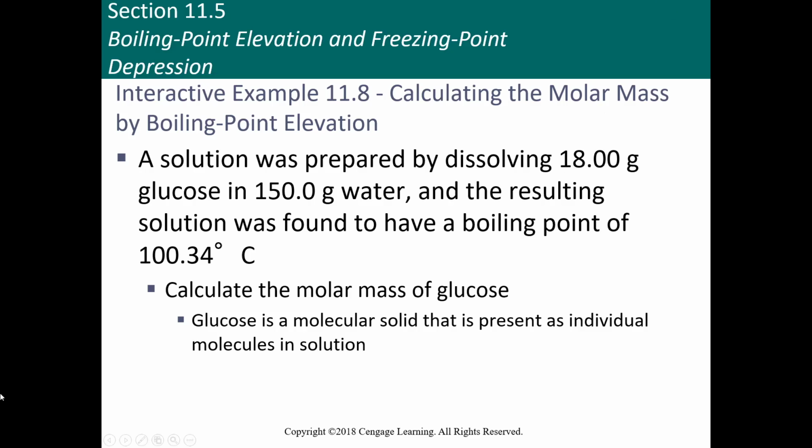So, a solution was prepared by dissolving 18 grams of glucose in 150 grams of water, and the resulting solution was found to have a boiling point of 100.34 degrees Celsius.